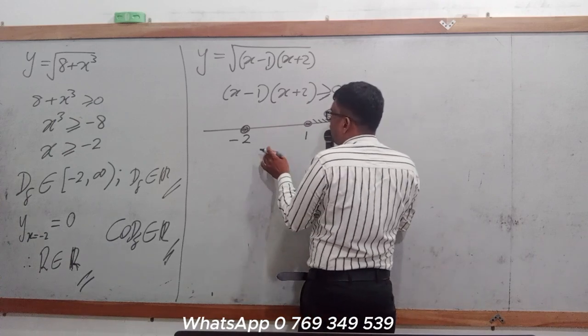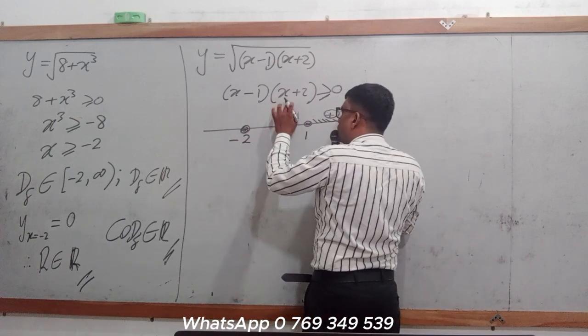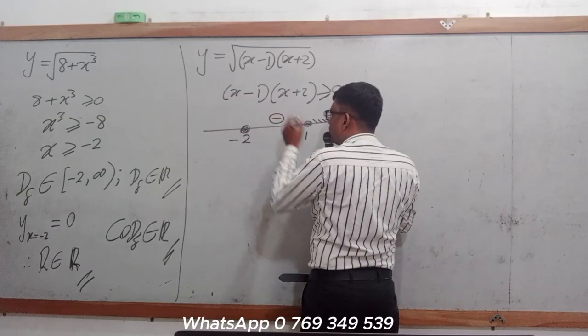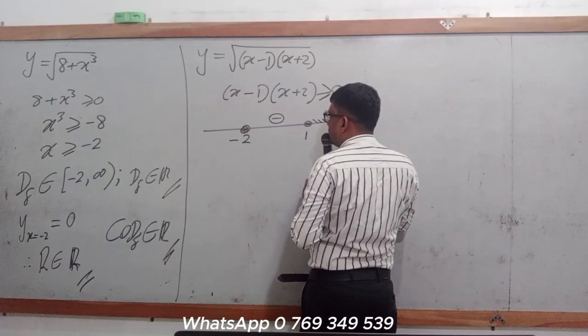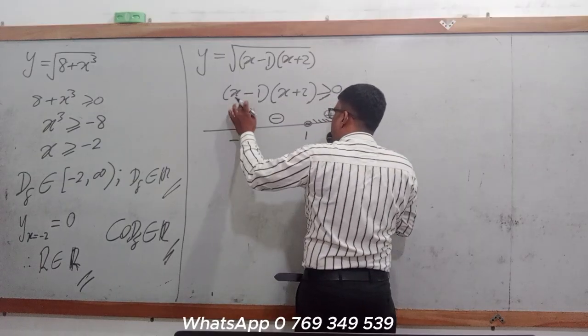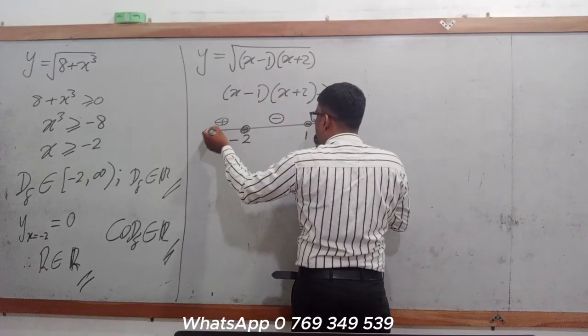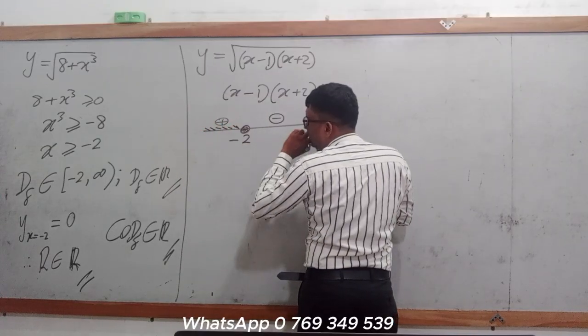And here you can take 0, therefore minus, and here positive. Therefore, the multiplication of this one is negative. You can take minus 3 somewhere, here minus and here also minus, both multiplied, that is positive. Therefore, you can take the positive value.